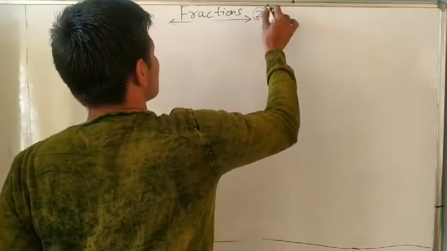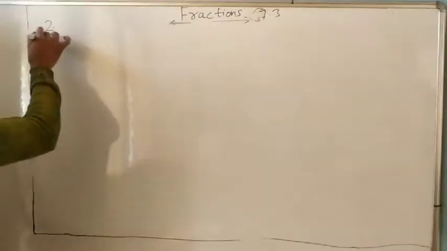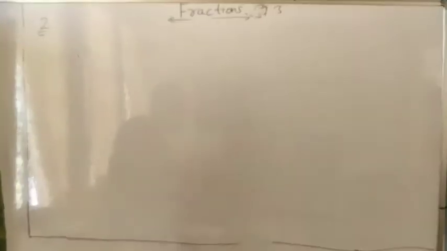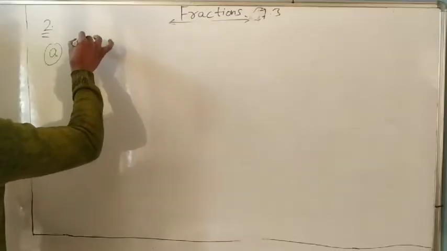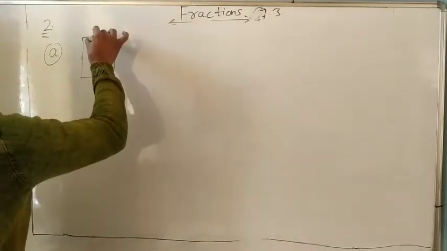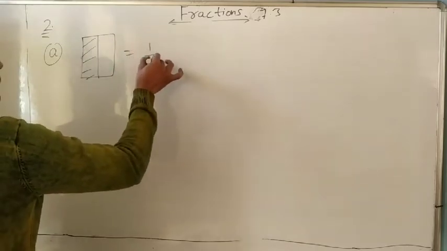Now in the second part, you have to match. In the second question, you have to write the fraction and pair up the equivalent fractions from each other. First, A is given. What is the fraction? 1 upon 2.